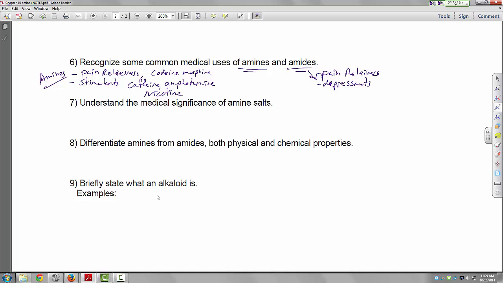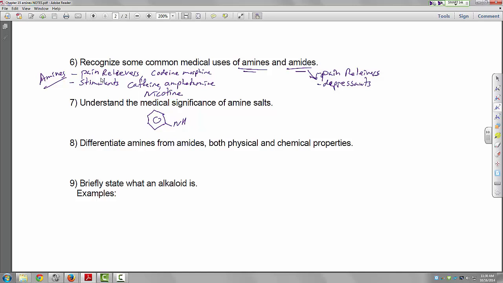So an amine such as aniline, if it's more than 5 carbons, it's not going to be soluble. Actually, they talked about this with regard to, I think, cocaine, which would be another amine that's a stimulant and a pain reliever.